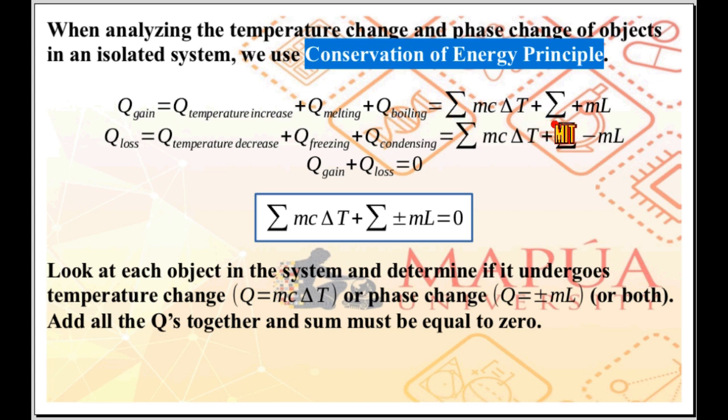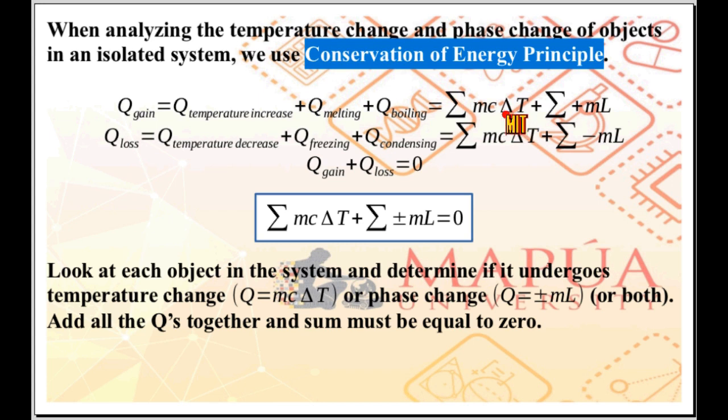So you just have the summation of all the positive mL, whether you have L_F or L_V. So Q gain is just equal to the summation of all the mc delta T plus the summation of all the positive mL in the system.